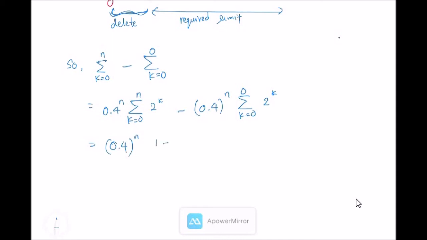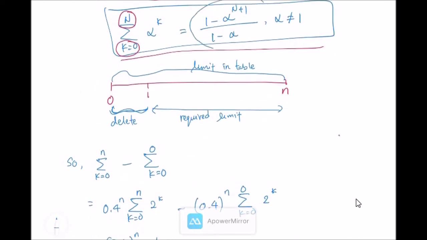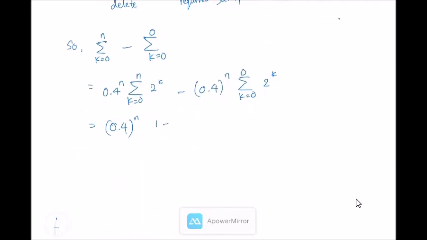So just now the equation is (1 minus alpha power of n plus 1) divided by (1 minus alpha), and alpha is 2. So 1 minus 2 power of n plus 1, divided by 1 minus 2, minus 0.4 power of n, and then k is 2 power of 0.